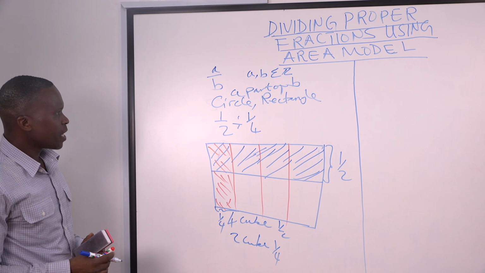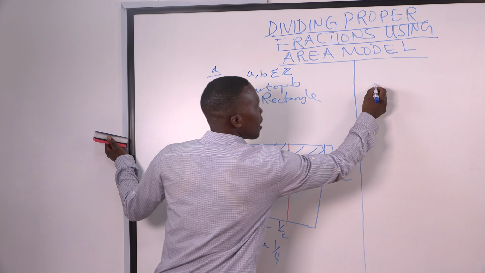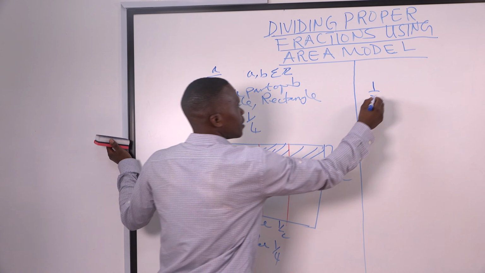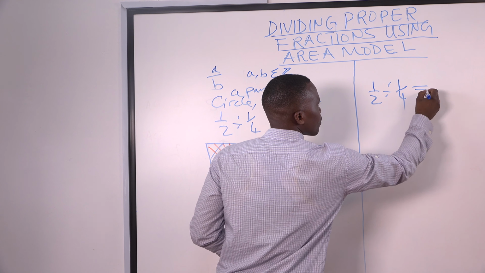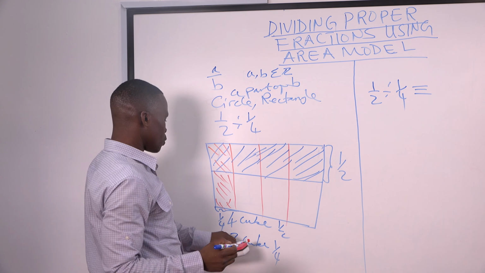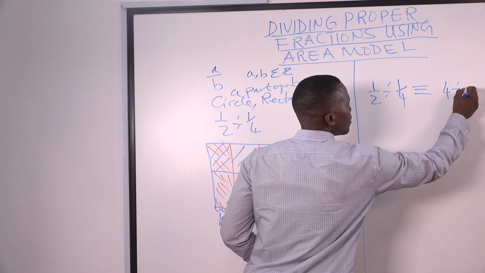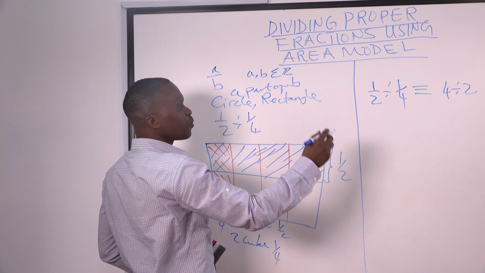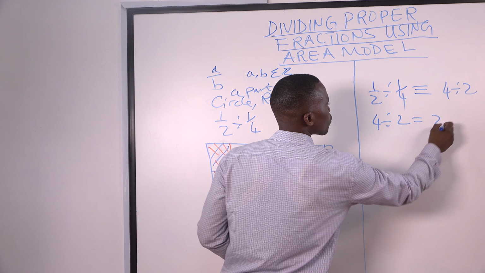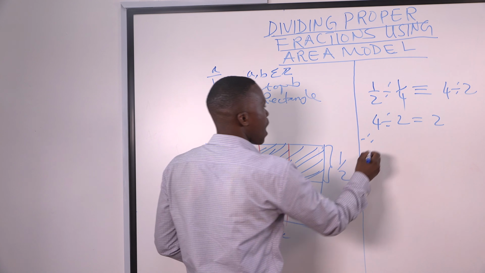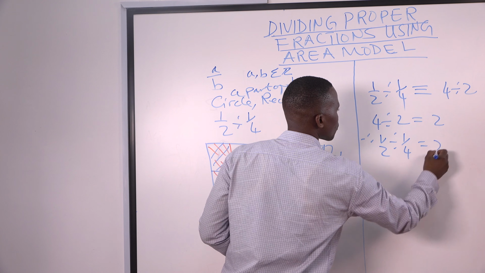So by dividing, when you say a half divided by a quarter, it is equivalent to the whole number 4 divided by 2. 4 divided by 2 is equal to 2. Therefore, a half divided by a quarter is equal also to 2.